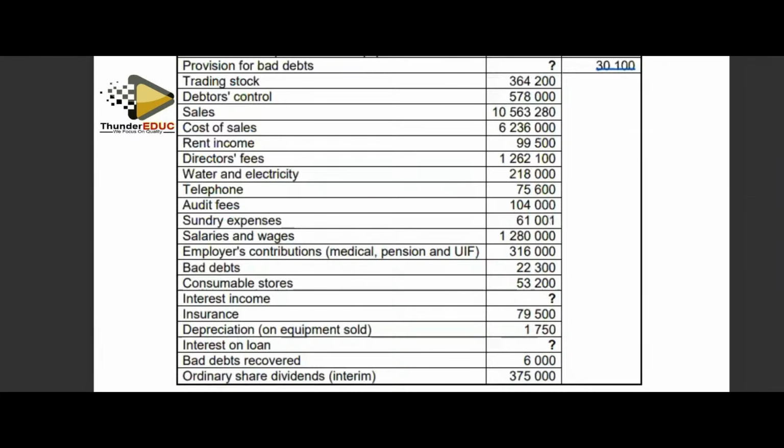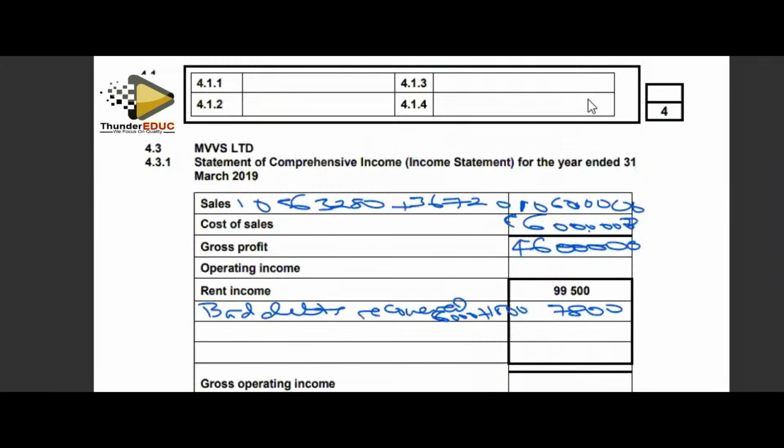The new one is now 28,500. So from last year to this year, has it increased or decreased? It has decreased from 30,100 to 28,500.